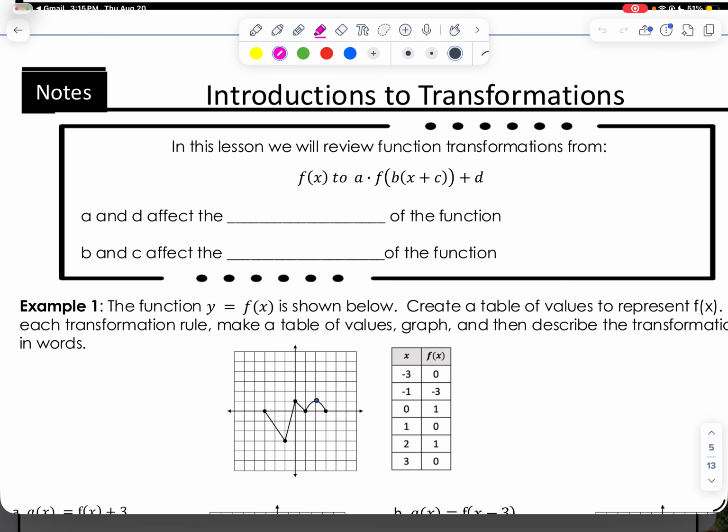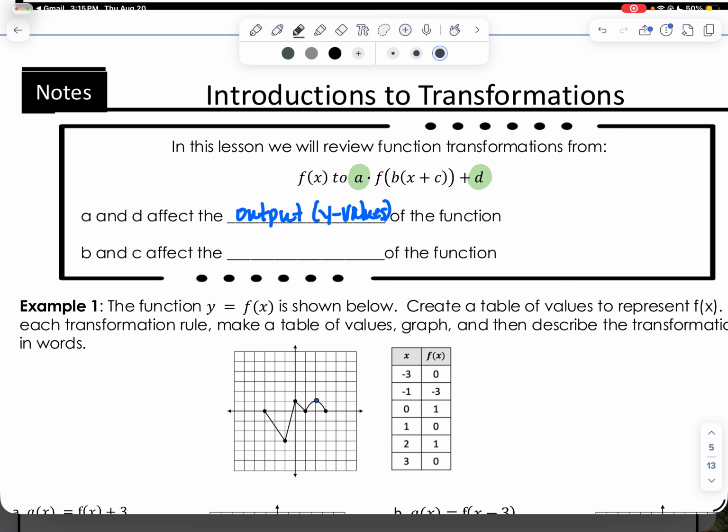Now, let's start off by talking about what these different variables affect. So a and d, notice how they're on the outside of the function. They're going to affect the output or y values of the function. All right.